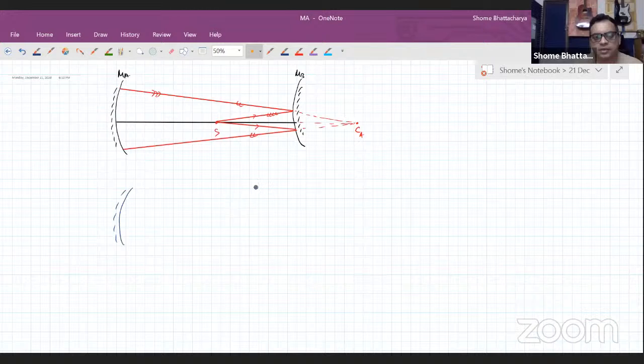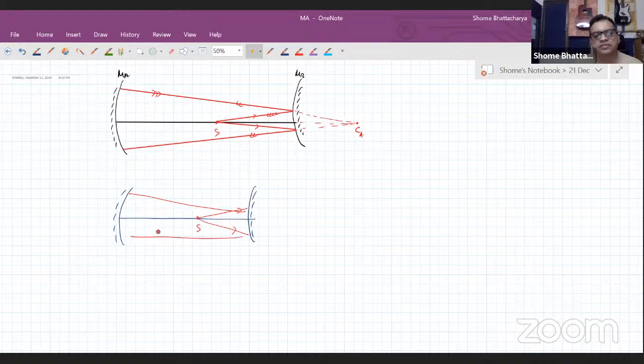Then another possibility, I'll come back to your doubts here. Another possibility is that this is what is happening, that these rays after reflection converge to this point. Now this second possibility is also very easy to calculate, because you can apply the ray reversal concept over here.